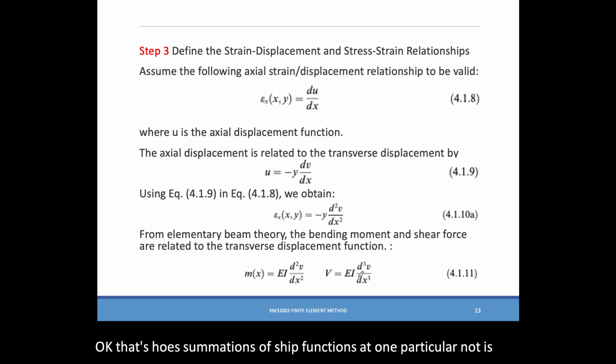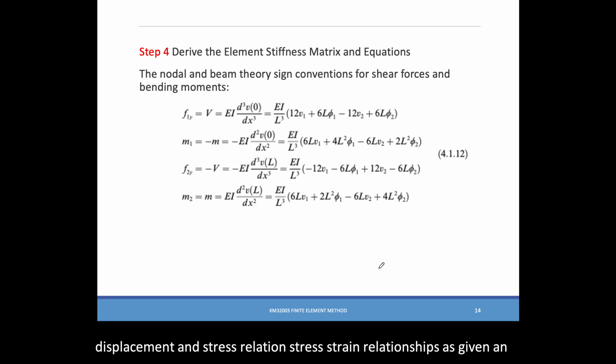Here we will also define the strain-displacement and stress-strain relationships as given, and these relationships are derived based on the previous beam theory. Accordingly, we would derive the element stiffness matrix as such.